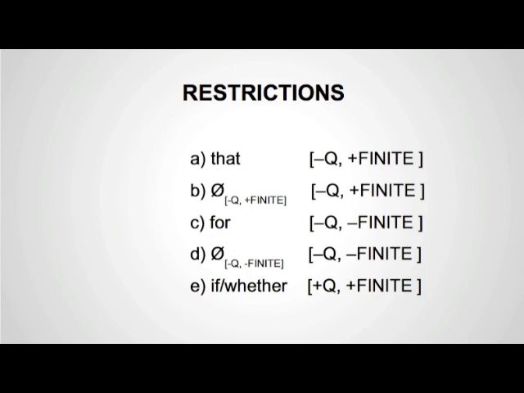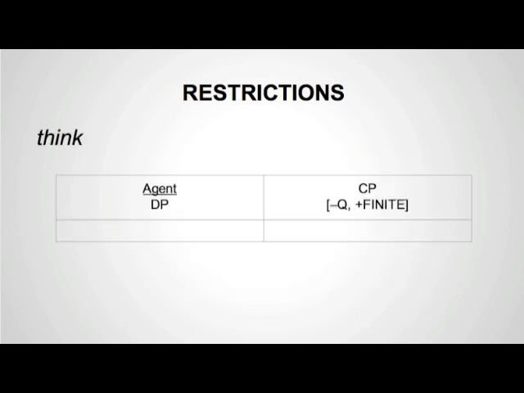So if we include null, here is how to signify those features. As you can see, we have the null and then the minus Q plus finite. The for complementizer minus Q minus finite, and so on. Now we can create theta grids for them.